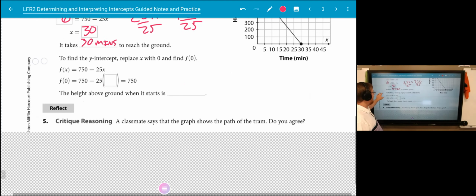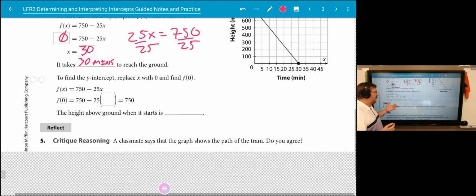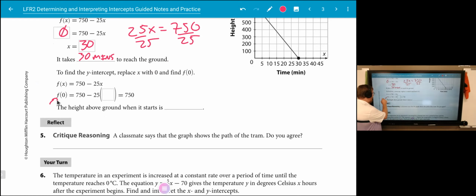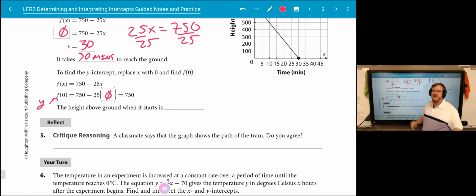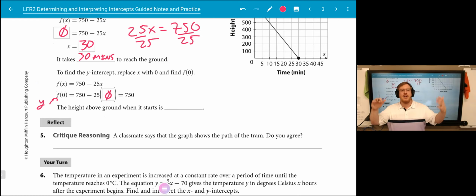To find the y-intercept, you replace x with 0 and find f of 0, or y here in this case. Again, this is just a y. Replace x with 0, you get 750 minus 25 times 0. Well, 25 times 0 is 0, and you're just left with 750. Yay! Y is 750. 750 what?